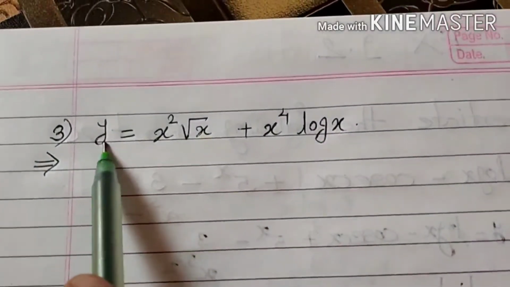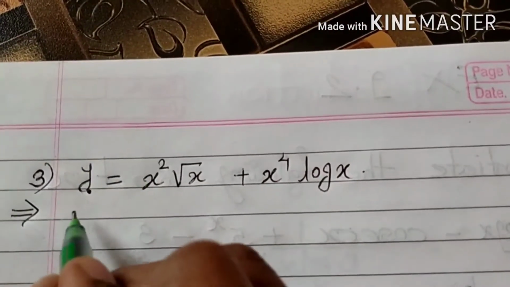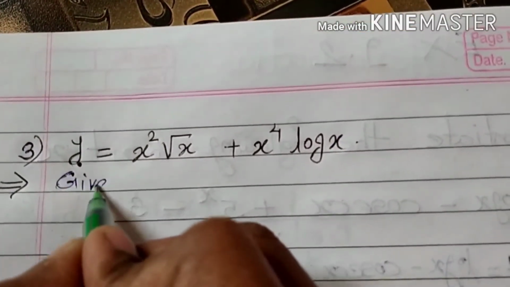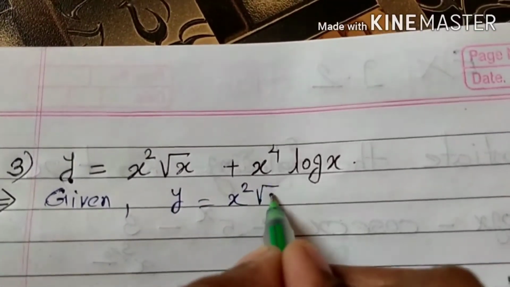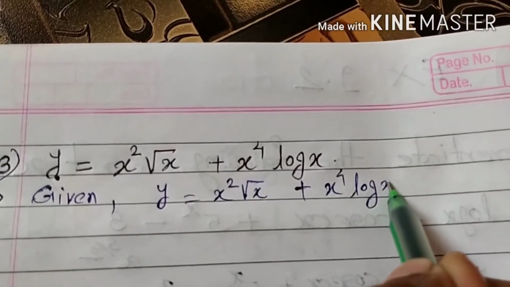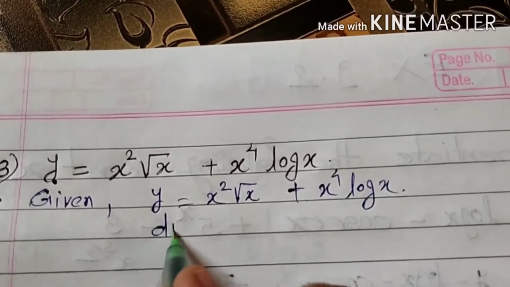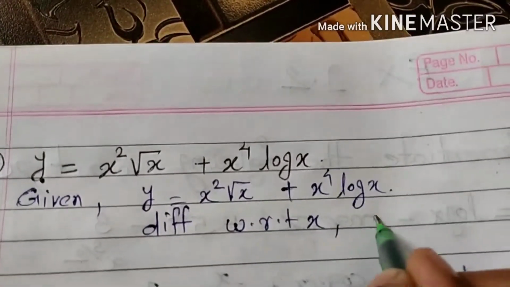Now next example, y is equal to x square root x plus x raised to 4 log x. First write given. Now differentiate with respect to x, we get.